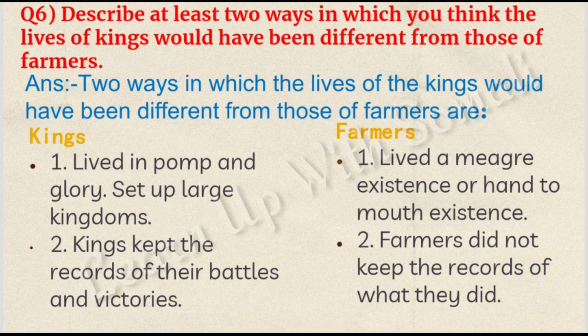So the two ways in which the lives of the kings would have been different from those of the farmers are: number one, kings lived in pomp and glory and they set up large kingdoms, whereas the farmers lived a meagre or hand-to-mouth existence. Number two, kings kept the records of their battles and victories, whereas the farmers did not keep the records of what they did.